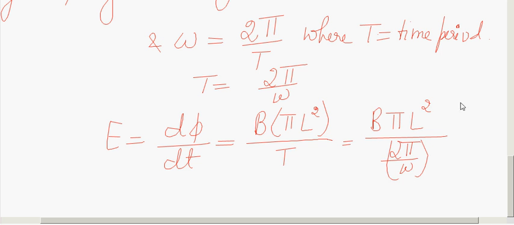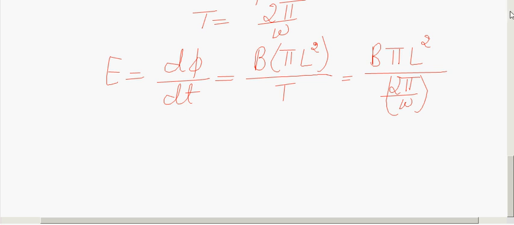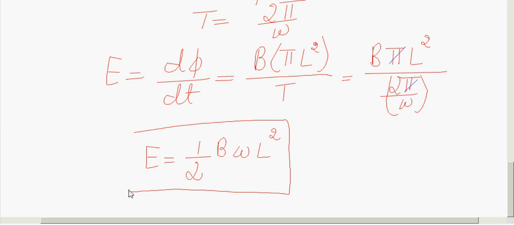Simplifying this, pi gets cancelled. Therefore E is B omega L square divided by 2, or half B omega L square, and this is the required expression.